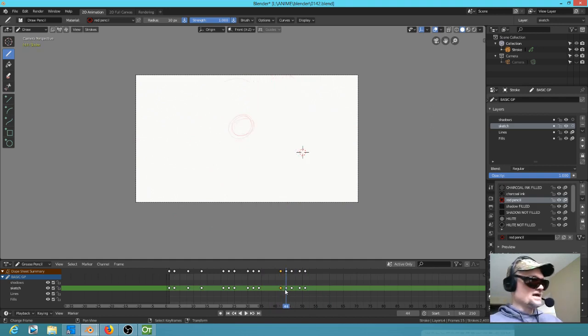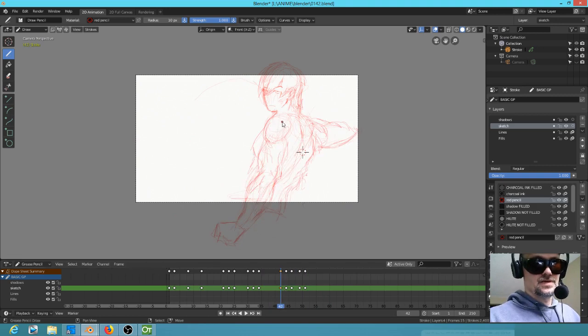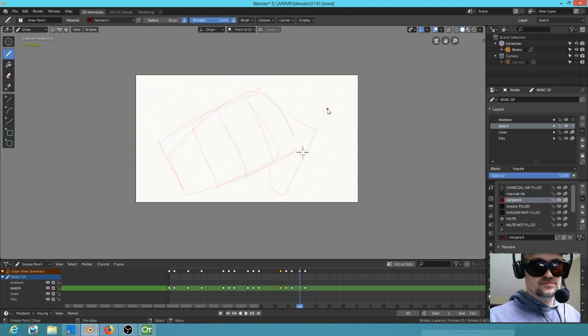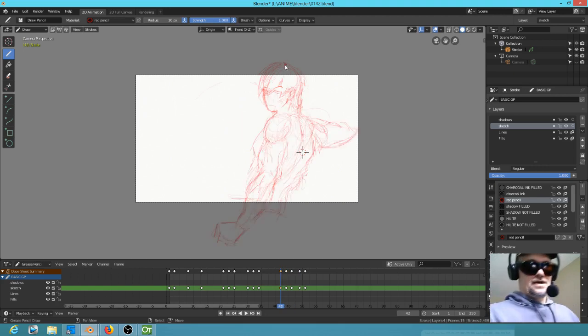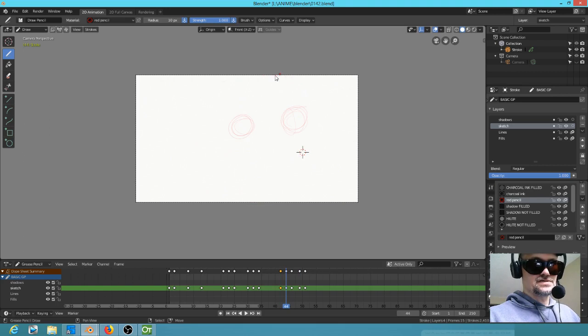Okay, so now what we need to do is start mapping some things. If that's his fist, his shoulder's going to come around like that. Okay, head is essentially an upside down teardrop.